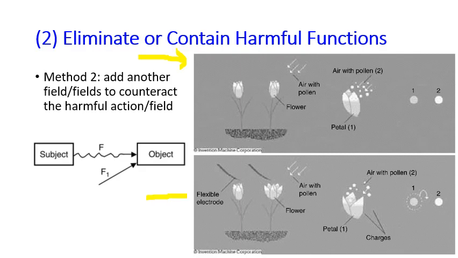What is suggested here is that we first pre-charge the flower with an electrode. And then when we are going to blow the pollen into the flower, we are using another electrode with the opposite charge. So let's say the first is positive charge. Here we're using another electrode with negative charge. So now the petals of the flowers are open, and then we blow the air with the pollen to the inside of the flower.